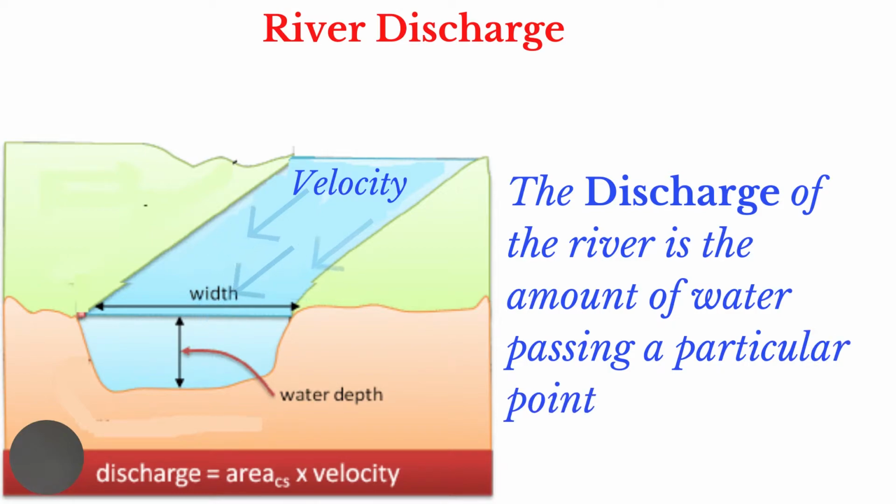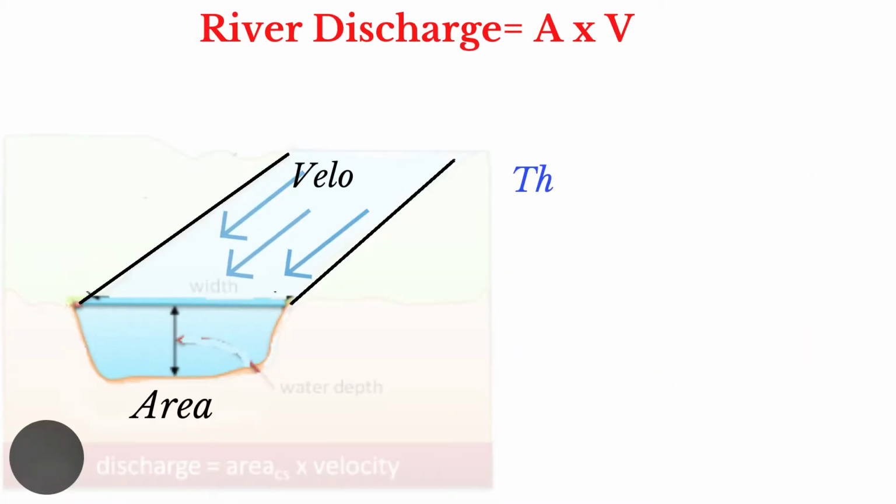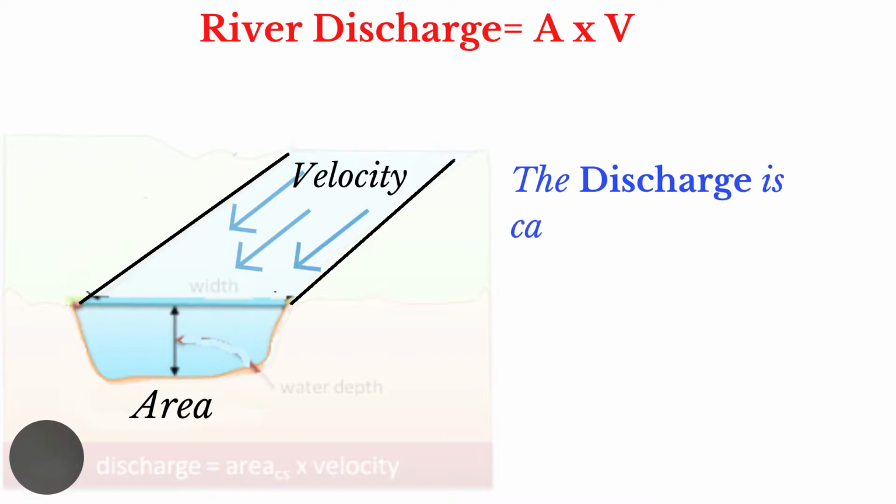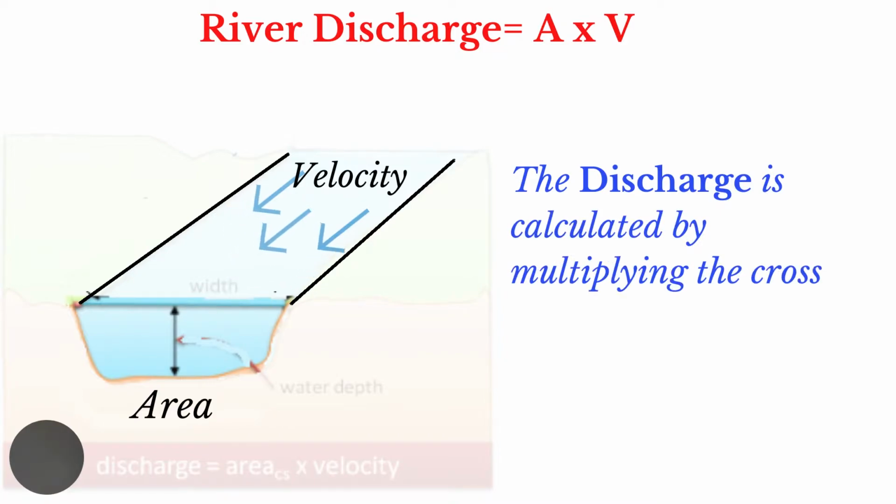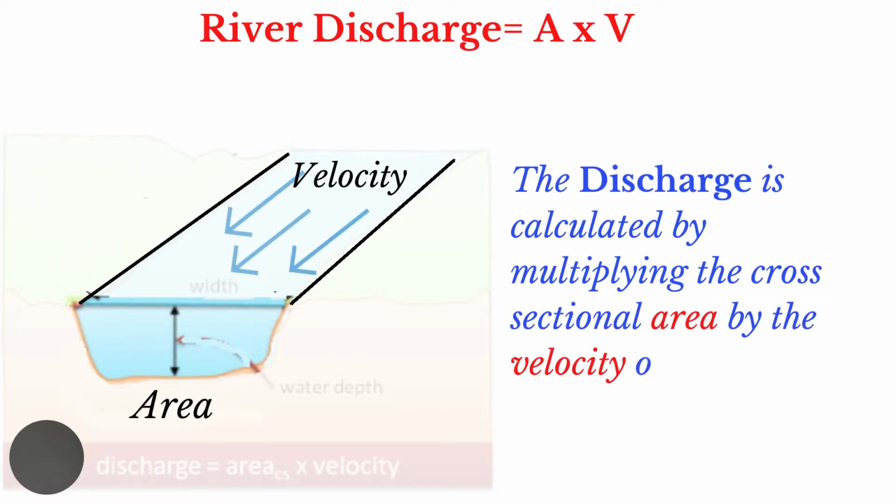When we talk about the discharge of a river, we are talking about the amount of water that is passing a particular point within the channel. Discharge can be calculated by multiplying the cross-sectional area by the velocity of the river.